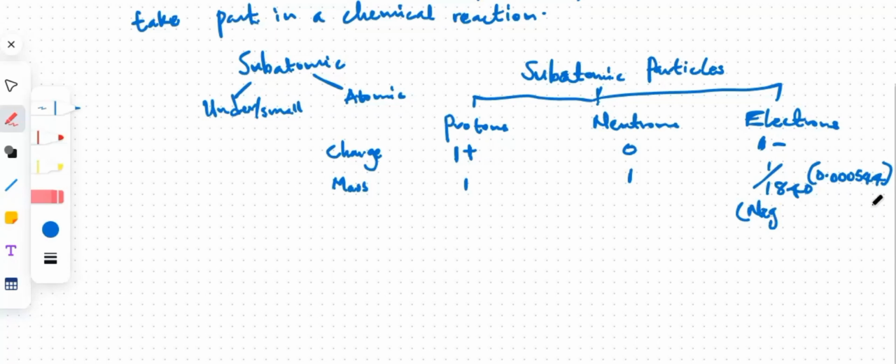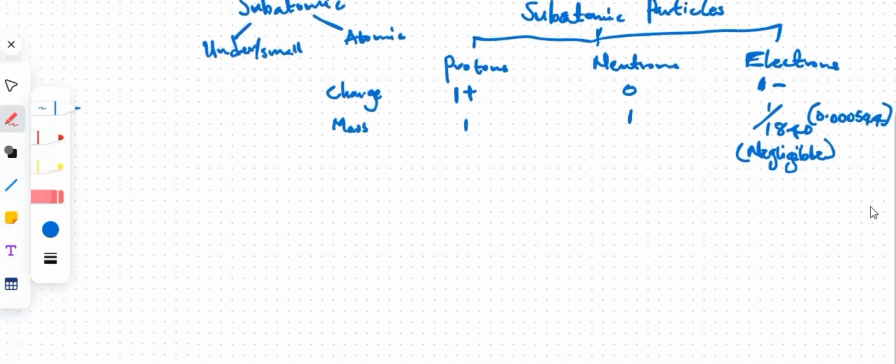It is too small, so you can just neglect it. That is what negligible is. So having understood that, we have an atom, then we have subatomic particles. An atom is the smallest part of an element that can take part in a chemical reaction, and in that atom there are other particles we call subatomic particles.